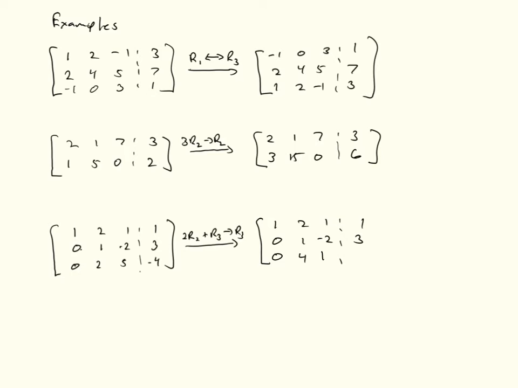And then 2 times 3 added to 4 is going to give me a 2. So when I take 2 times row 2 plus row 3, my new row 3 is going to be 0, 4, 1, 2. What I want you to do right now is pause the video, take a look at those, and make sure you're comfortable with how the three row operations work, because we're going to be using these a lot moving forward.